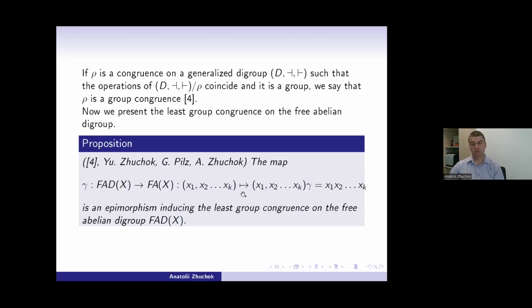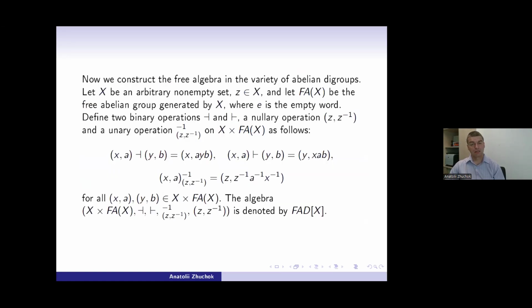We only multiply all elements in FAX, and then we have an epimorphism which gives the least group congruence on the free abelian group. And now we construct a free algebra in the variety of abelian groups.